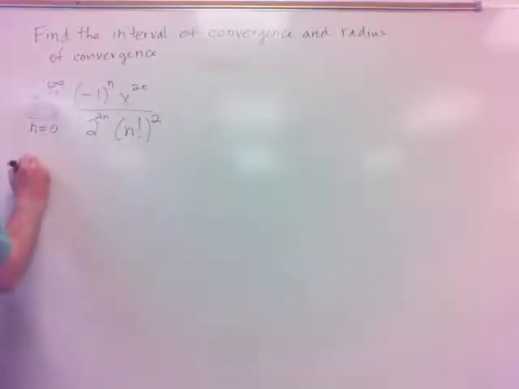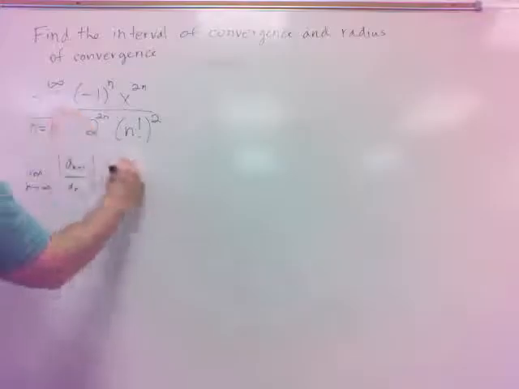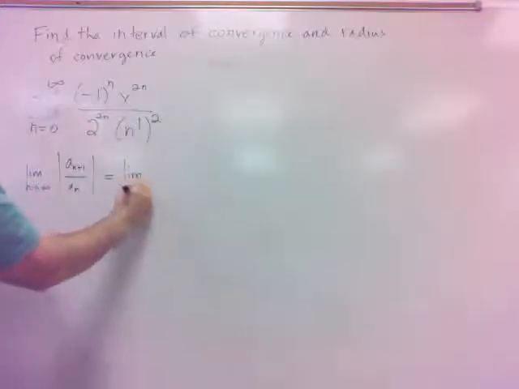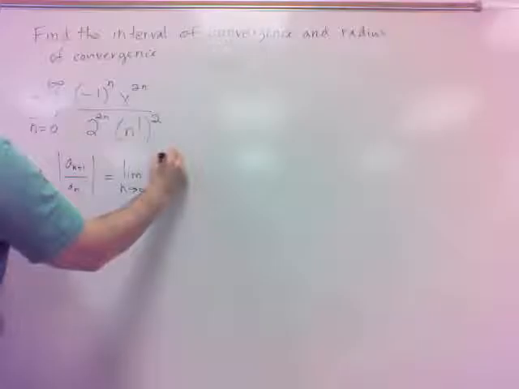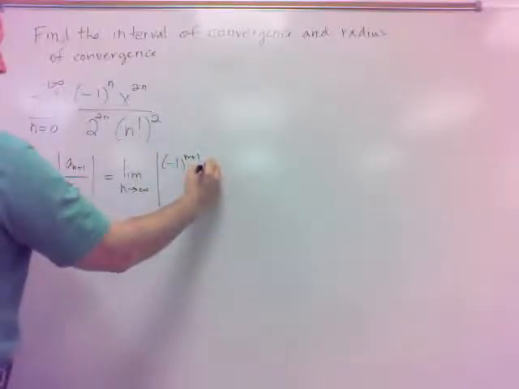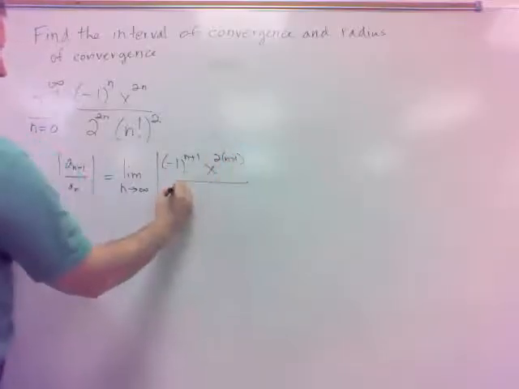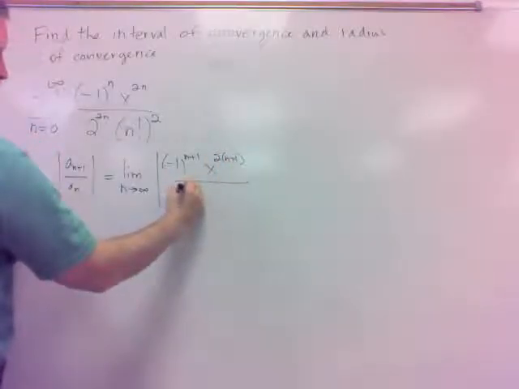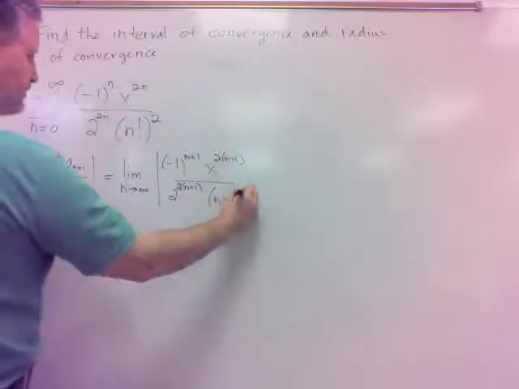Okay, so my limit as n goes to infinity of the absolute value of a sub n plus 1 over a sub n will be the limit as n goes to infinity of -1 to the n plus 1, x to the 2 times n plus 1, over 2 to the 2 times n plus 1, n plus 1 factorial squared.